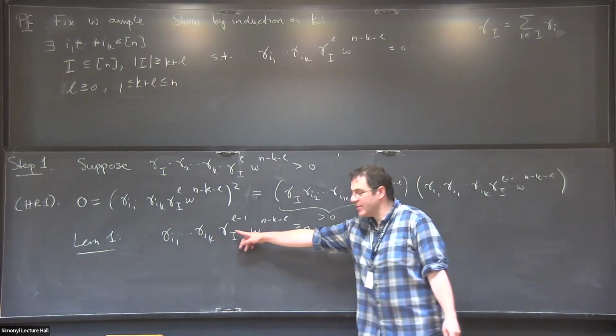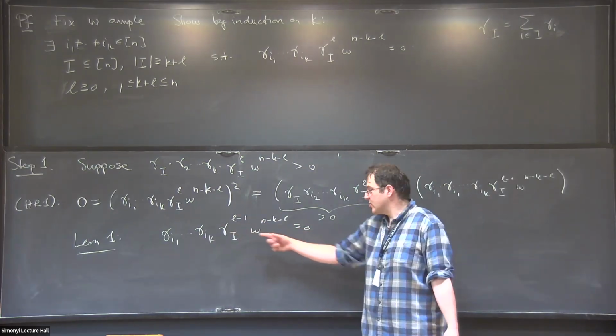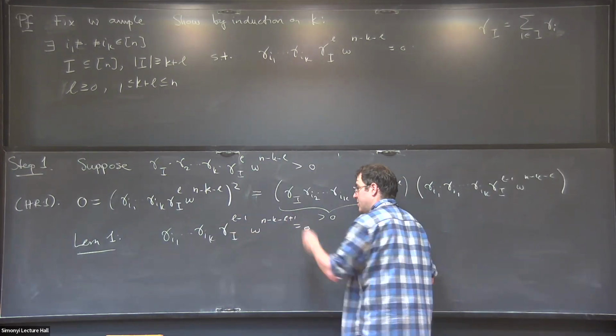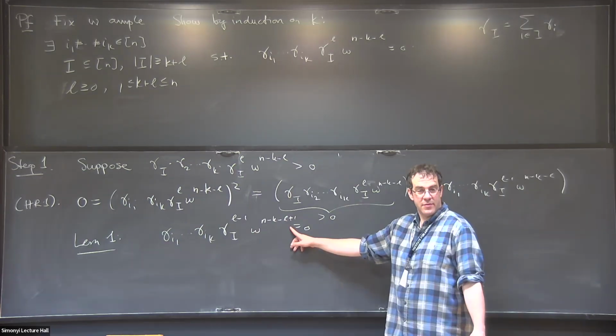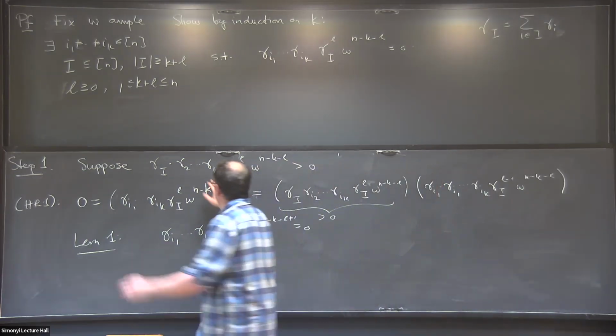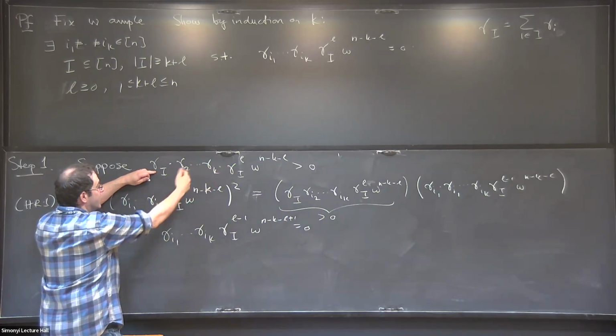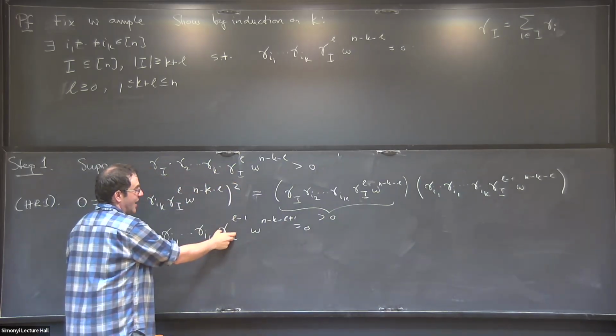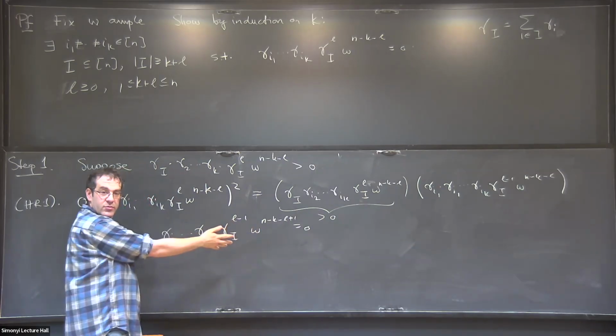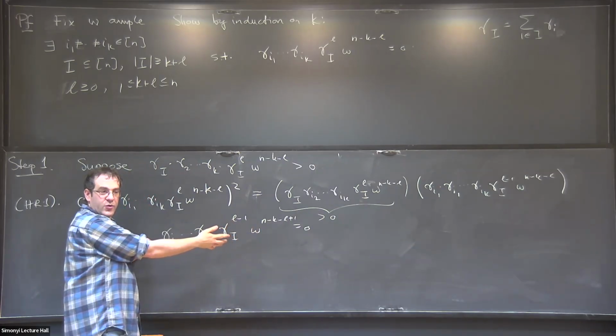I've just removed one of the gamma i's. That's by this lemma 1. If that's true, I can multiply this by an omega. So what I've shown is that if replacing gamma I1 by gamma I gives something positive, then I can replace one of the gamma i's by an omega, and I still get 0. Okay? That's the first step.